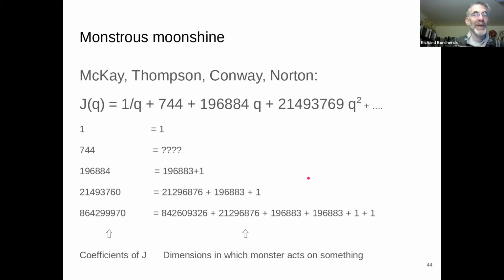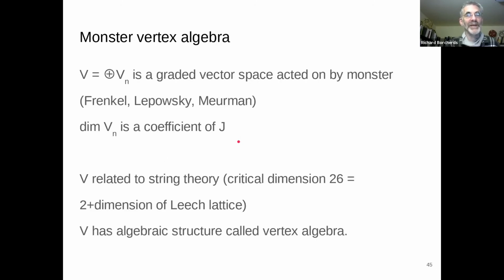So how can you explain this? Well, John Thompson suggested there should be an infinite dimensional graded vector space acted on by the monster, such that the dimensions of its various pieces were given by these coefficients. And this was constructed by Frenkel, Lepowsky, and Meurman in the early 1980s.